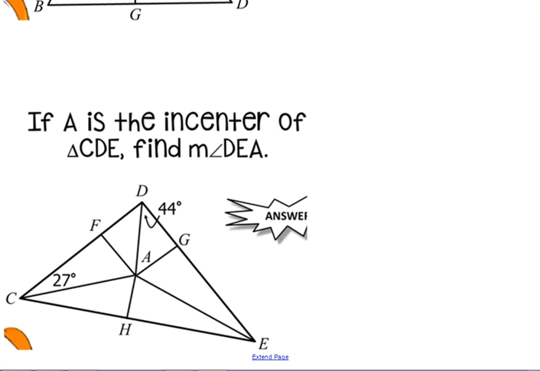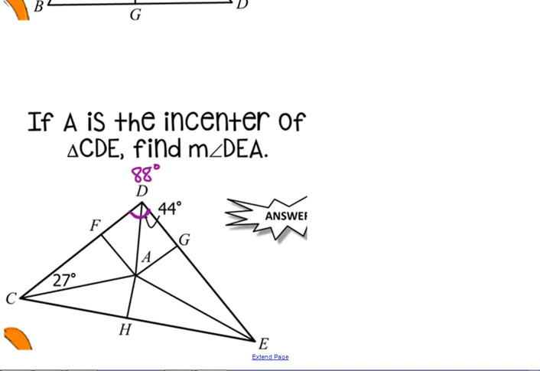Okay, so these angles are cut in half. So we've got 44 labeled on that little angle there at D. So the whole angle at D is what? 88. A bisector cuts something in half, so this whole thing is 88.